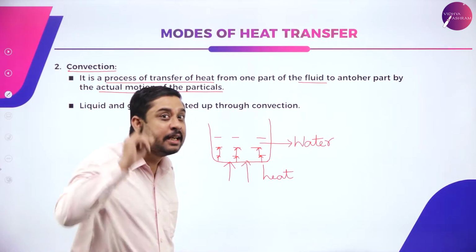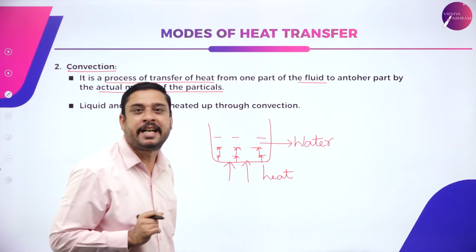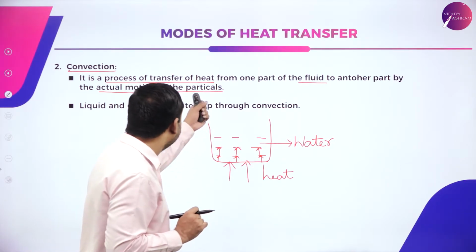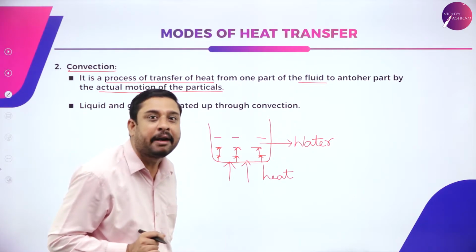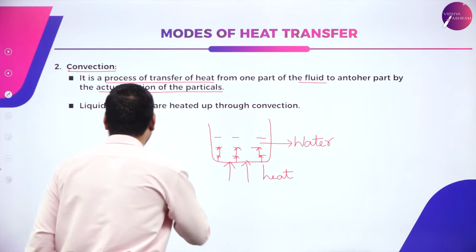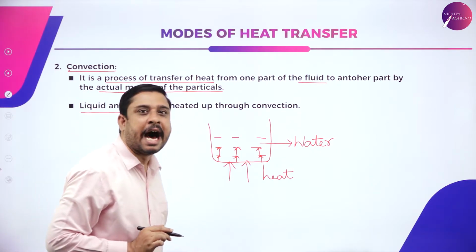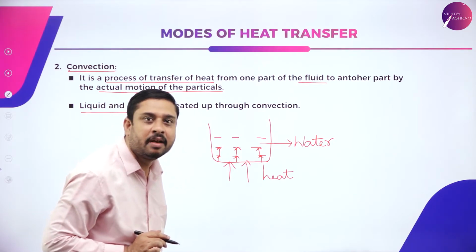Unlike conduction, where particles did not move, they simply vibrated and heat energy was transferred. Here, there is actual motion of the particles, and we say liquids and gases are heated up through convection.